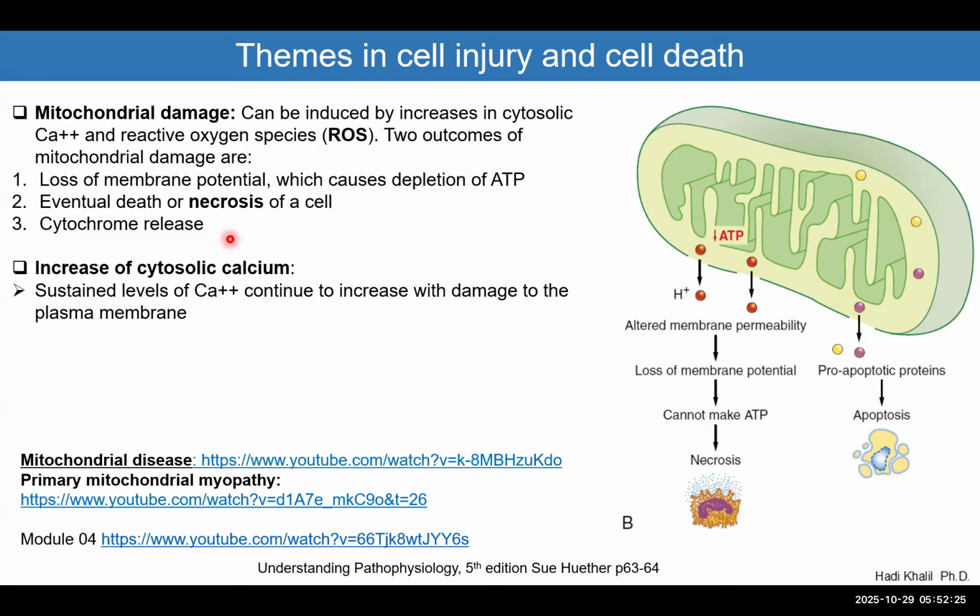Cytochrome C resides within the mitochondrial inner membrane. So when there is damage in the mitochondrial outer membrane, then cytochrome C can be released.